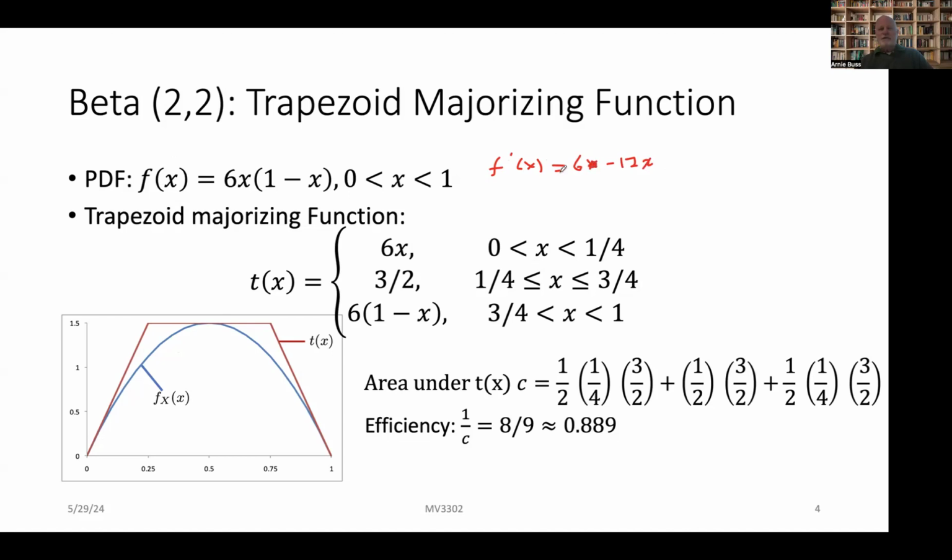And so if we evaluate it at 0, we see that it's actually 6. And just to check concavity, you remember we check concavity by the second derivative. And so the second derivative would be minus 12. It's negative, and so we're definitely concave.